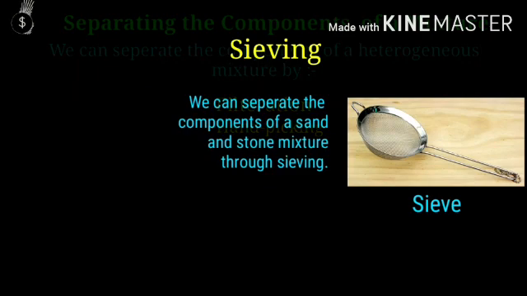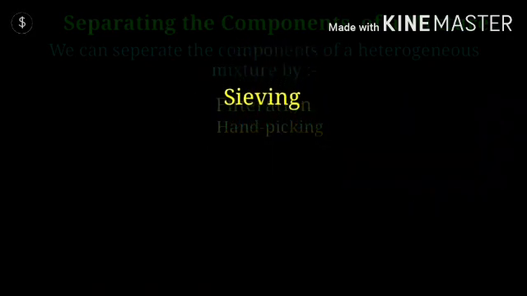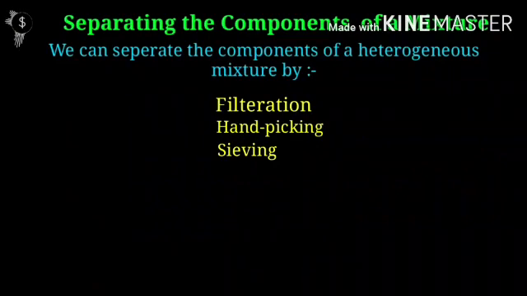When we separate the mixture of sand and stone, the sand particles are very small or tiny. They will move down through the sieve and the stones will be remaining inside the sieve. So these are the methods which we can use to separate the components of a heterogeneous mixture.